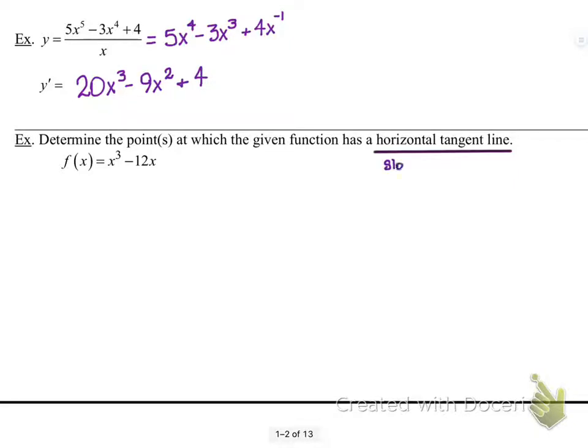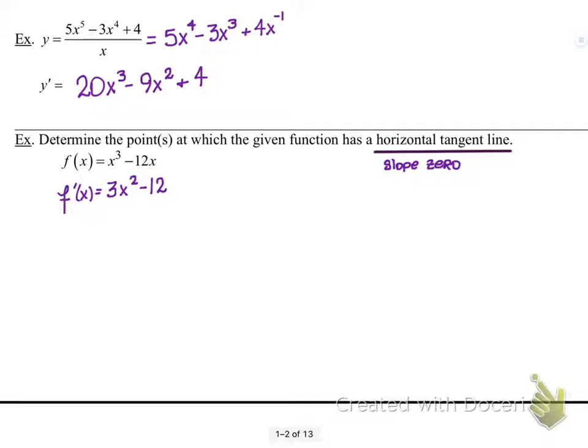Slope 0. And your derivative is the slope of your tangent line. So you're going to find your derivative here, and you're going to find that your derivative is 3x squared minus 12.